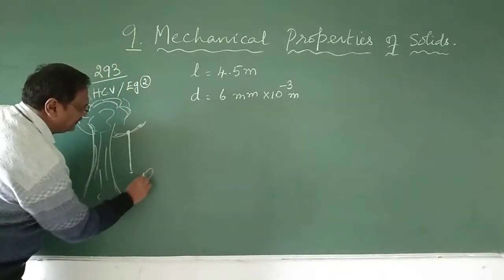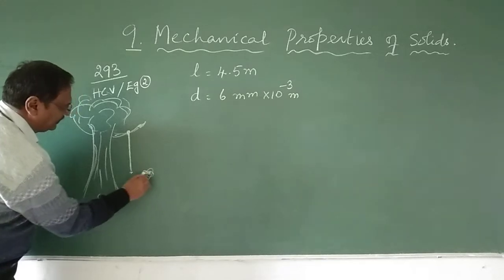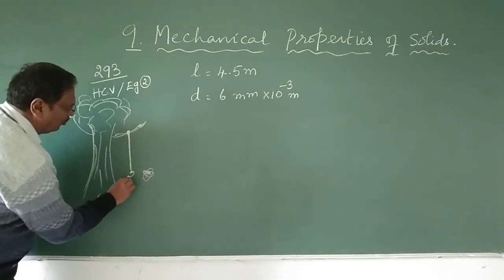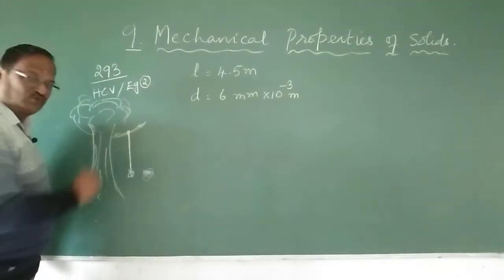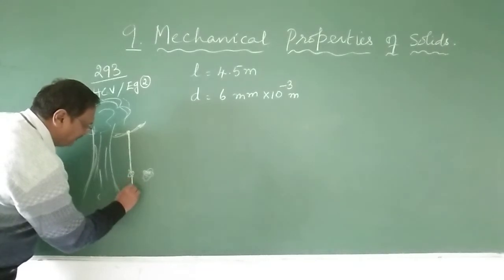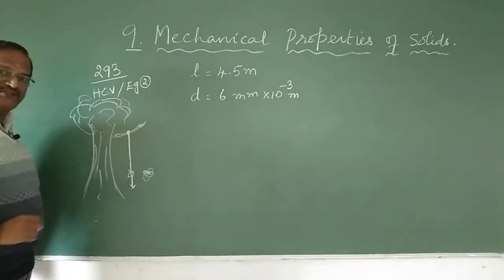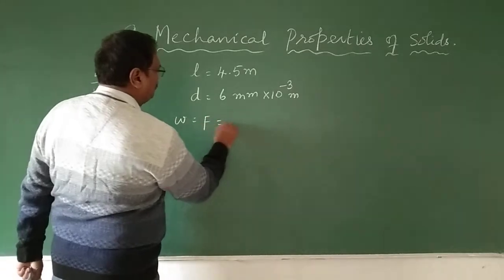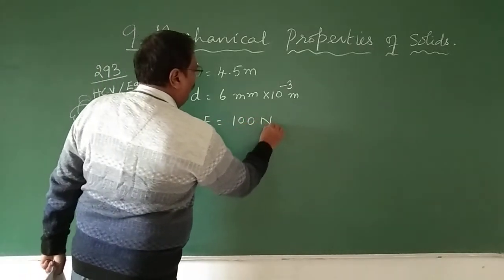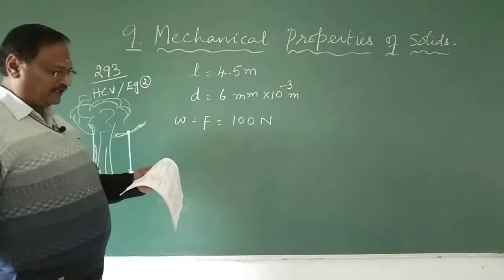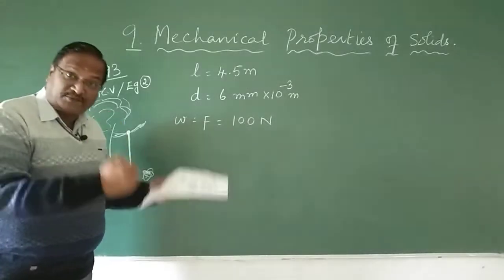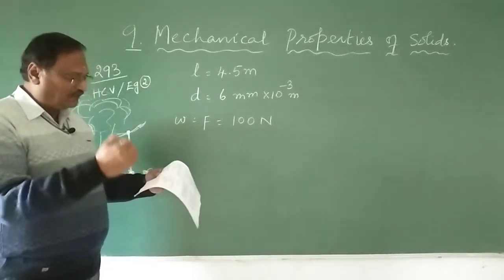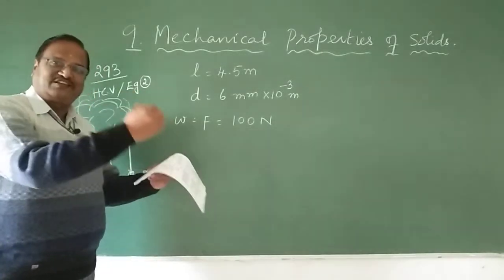There is a monkey here, and it is having a weight acting in the downward direction. The weight is nothing but the force that is equal to 100 Newton. Jumps to catch the free end and stay there.